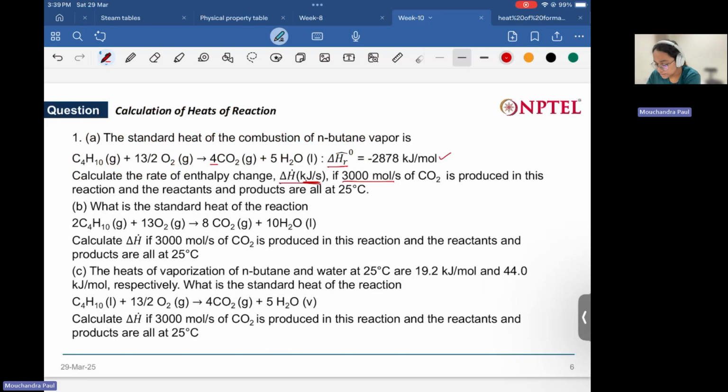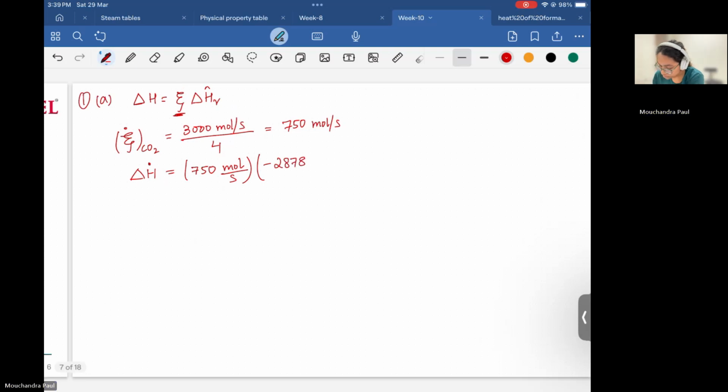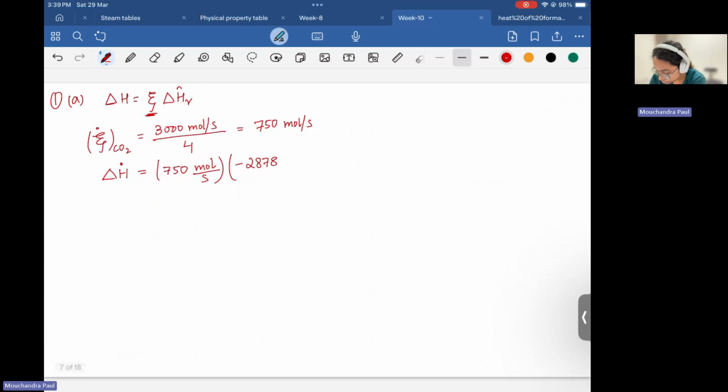And we are given at standard condition the heat of the reaction, which is minus 2878. So enthalpy change will be then 750 mole per second into minus 2878 kilojoule per mole.